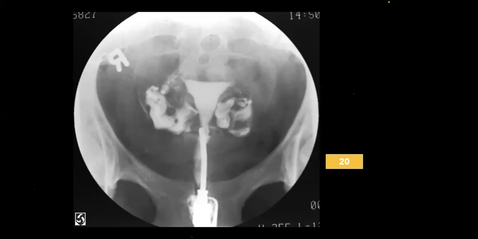The endometrial cavity is also irregular here.